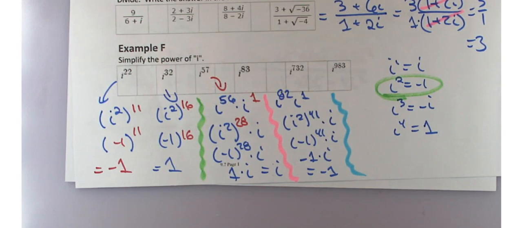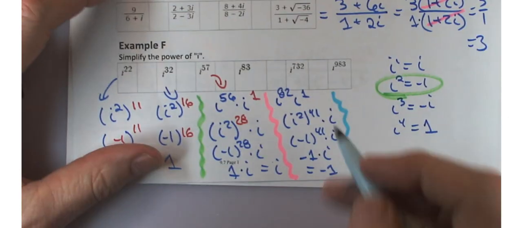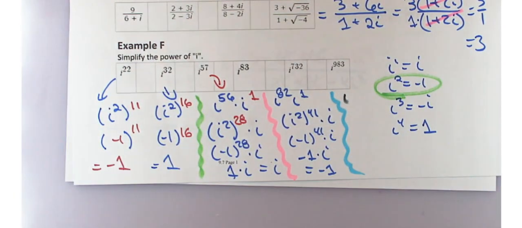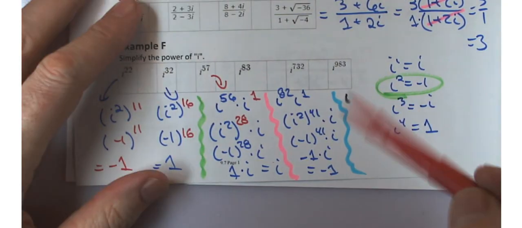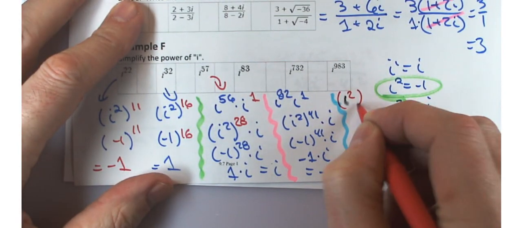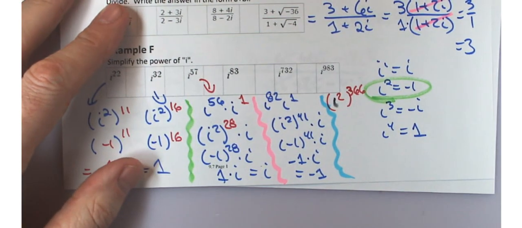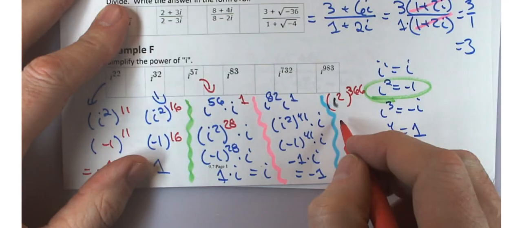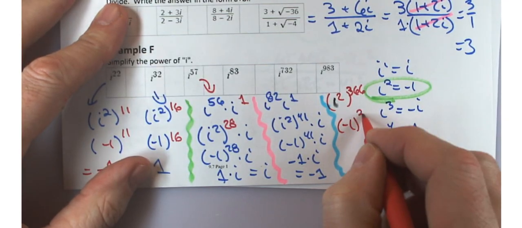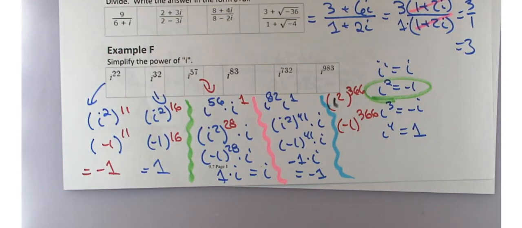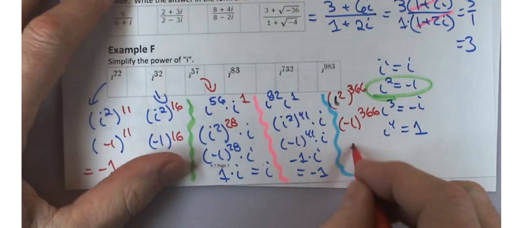But what I'm going to start out with is i squared raised to the 366 power. i squared is negative 1. I've got negative 1 to an even power. What does negative 1 to an even power give me? Positive 1. So I get this.